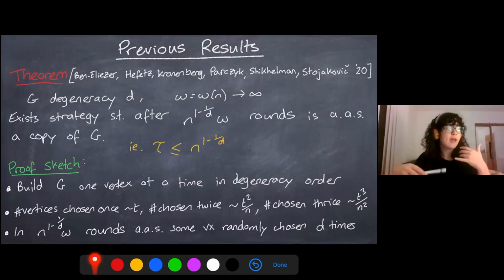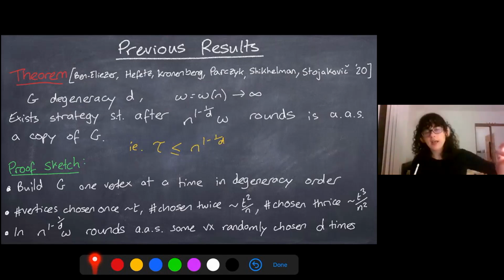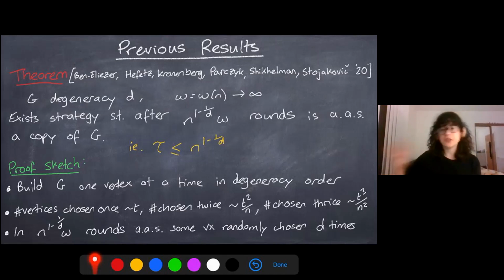In this way, when the random process eventually picks some vertex D times, we'll have all the D edges we need from that vertex. And so we'll have created the ith vertex in our copy of G, and then we can move on to making the (i+1)th vertex. As long as within each block there is some vertex that was chosen D times by the random process, we can build our copy of G in this degeneracy order way.